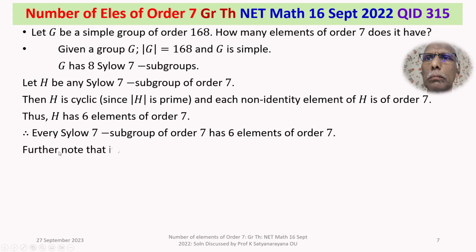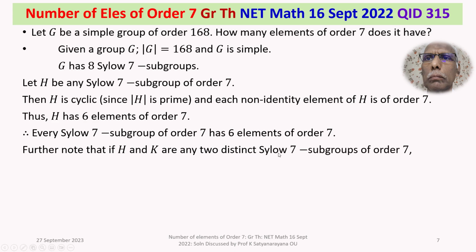Now further, we note down that if H and K are any 2 distinct Sylow 7 subgroups of order 7, then their intersection, H intersection K, is the identity element alone. Now H and K are any 2 distinct Sylow 7 subgroups.